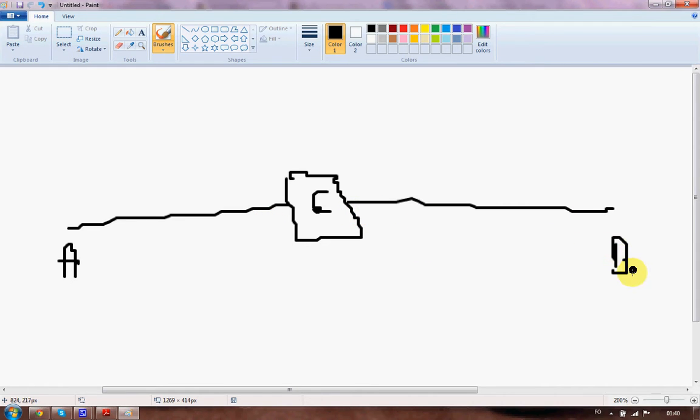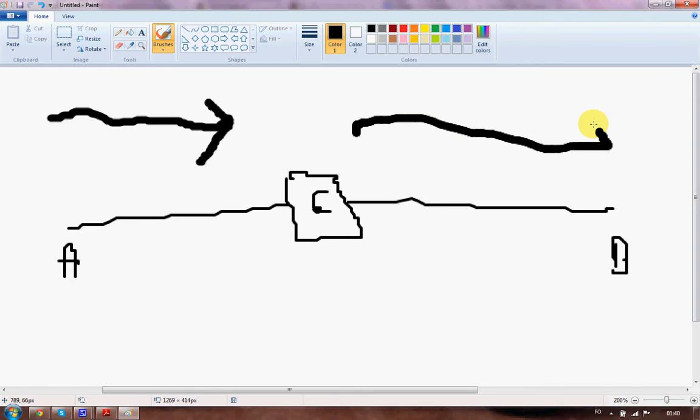So current will flow from A to B. And you will just put the positive terminal on A and the negative on B. And the negative is typically grounded, so we can just write a ground symbol here as well.